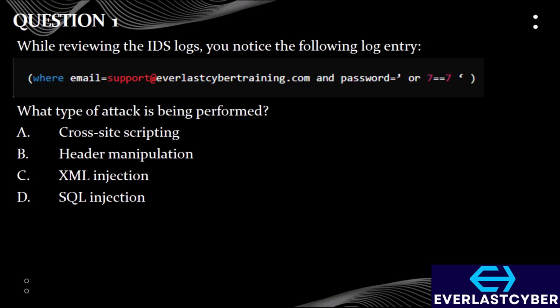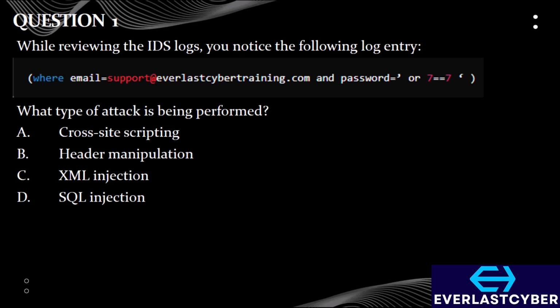Cross-site scripting involves the injection of malicious scripts into web pages that are being viewed by others, and it exploits input fields that are not properly sanitized. In the case of this log entry, that doesn't appear to be what is going on here.